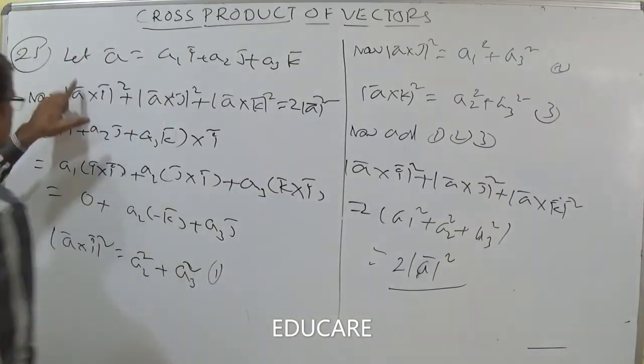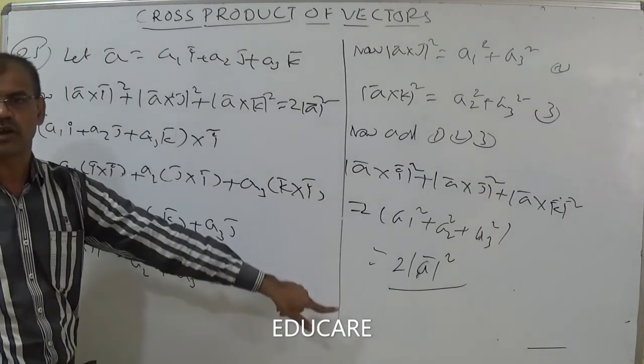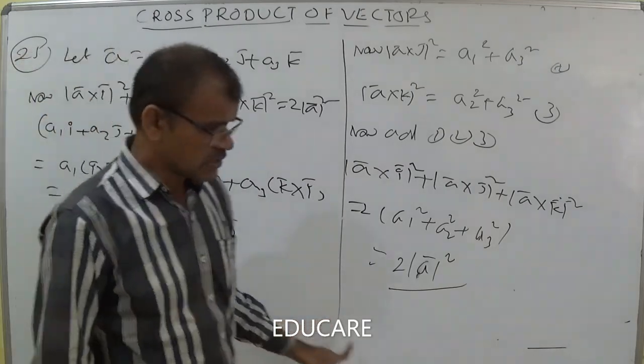We concluded that mod A cross i whole square plus mod A cross j whole square plus mod A cross k whole square is equal to 2 mod A square. This is an important exam sum.